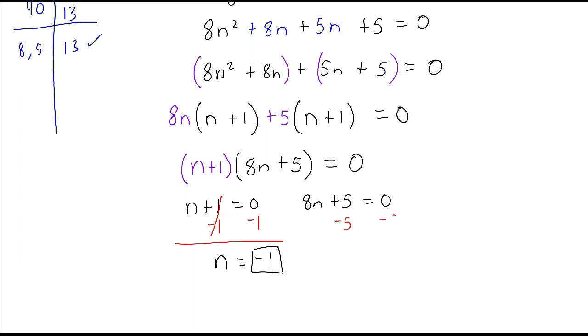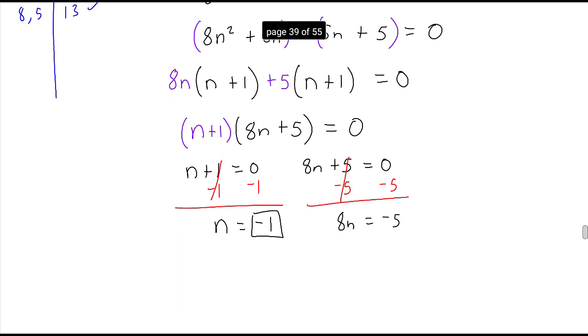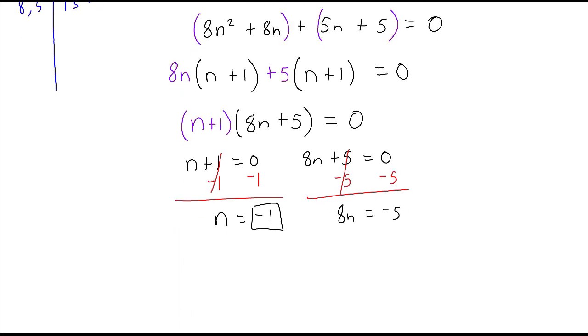I'll subtract 5 from both sides to eliminate the constant term 5. I'm left with 8n equals negative 5. I'll divide both sides by 8 to eliminate that factor on 8n. And so I'm left with n equals negative 5 over 8.